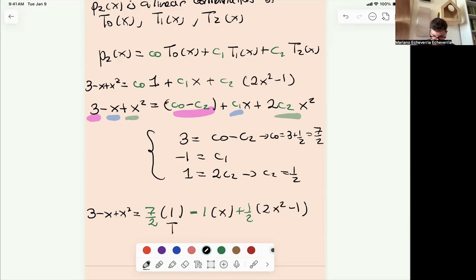So again, this is T0, this is T1, and this is T2.